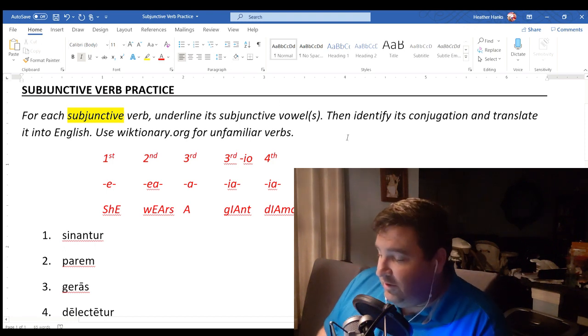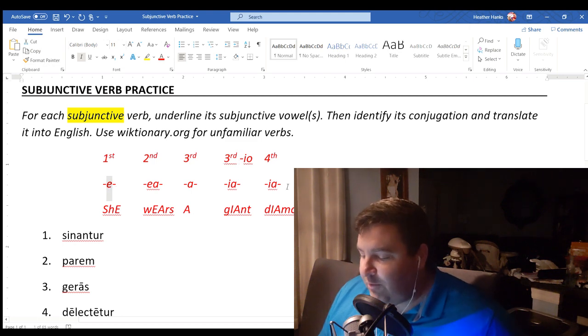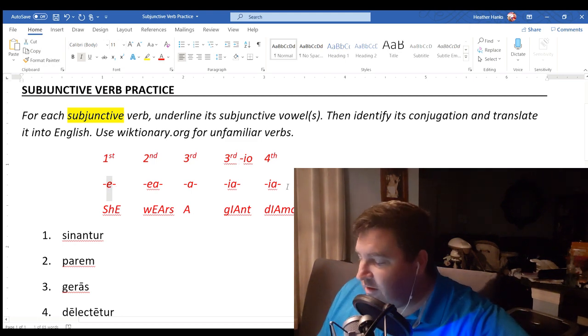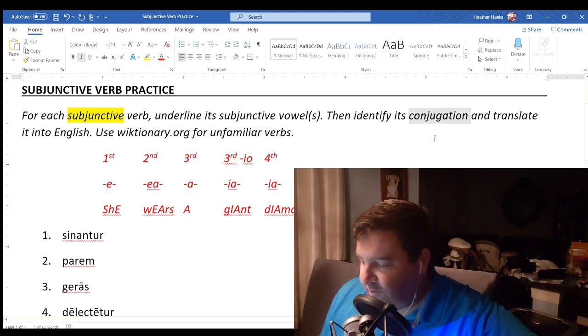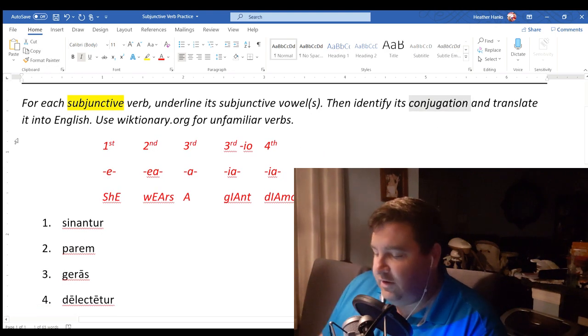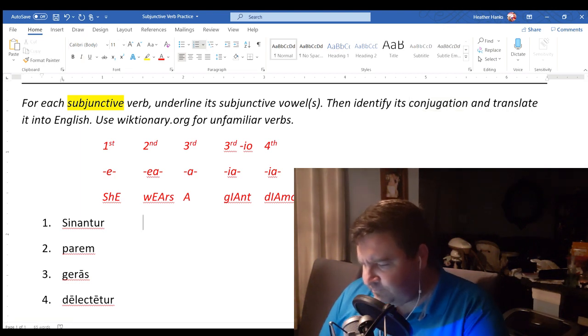Now, normally there would be a lot of legwork looking stuff up in the back of the book, but if you have the stem letter, subjunctive vowel letter, whatever you want to think of it as, in the word already, you can reverse engineer its conjugation really easily. Then it says translate it into English. All right, number 1. Sinantur is the verb.